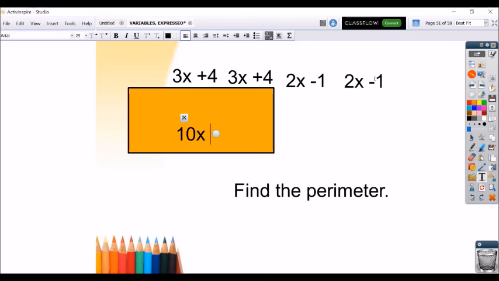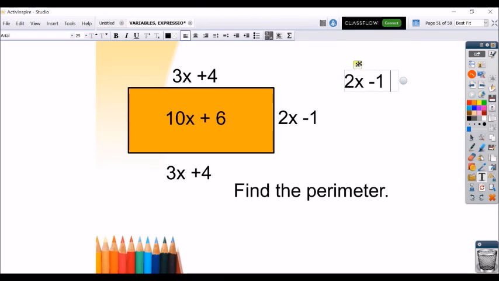Subtract 1 again goes back to 6, but it was a positive 6, so it's going to still be a plus 6. So here again, the perimeter is 10x plus 6, because to find perimeter, we added up all the sides, and even though the sides were represented with expressions, all we did was collect like terms to get that answer.